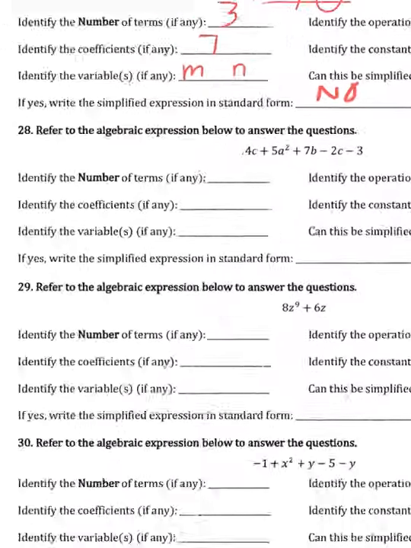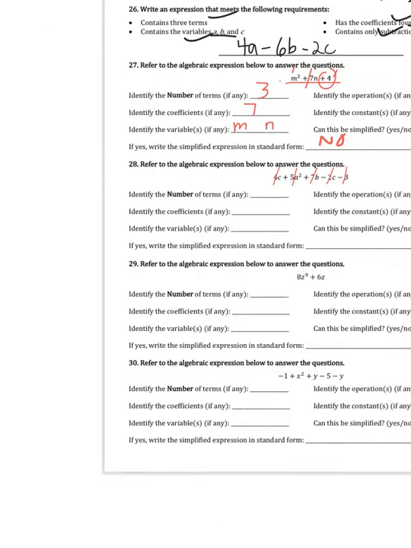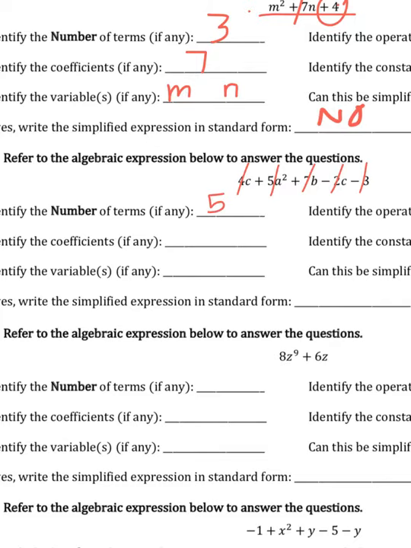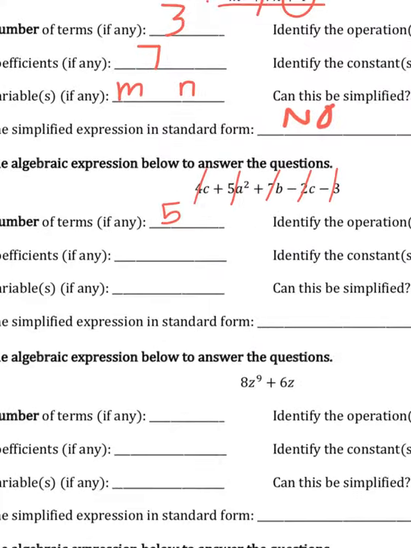Okay, we're almost done. How many terms? 1, 2, 3, 4, 5. 5 terms. How many coefficients? I see a 4. I see a 5. I see a 7. And I see a 2.